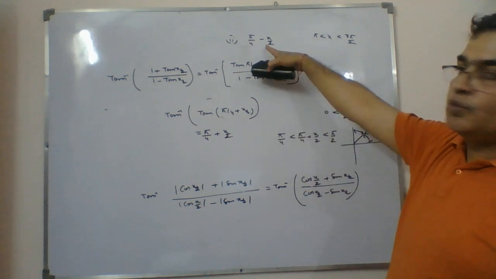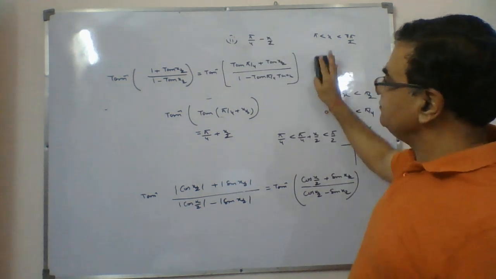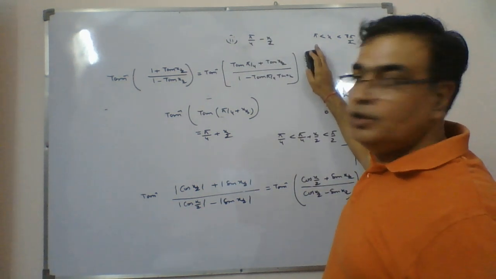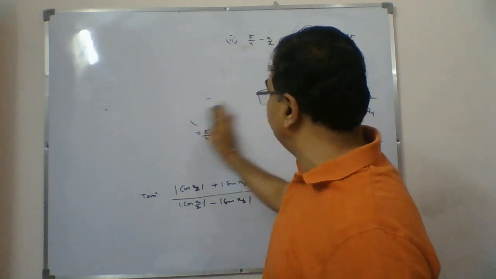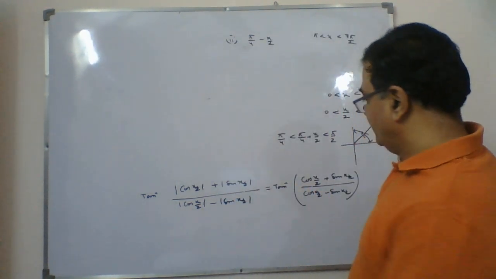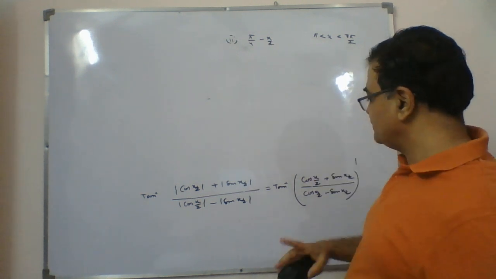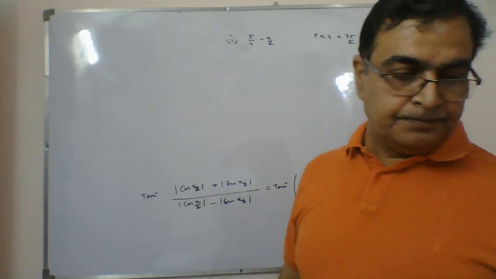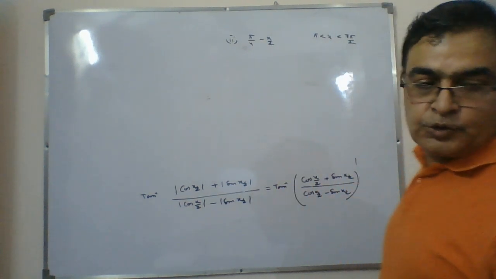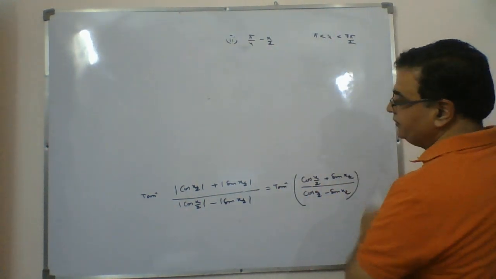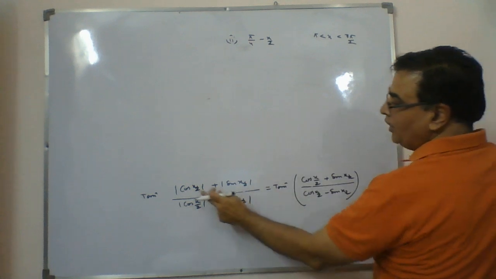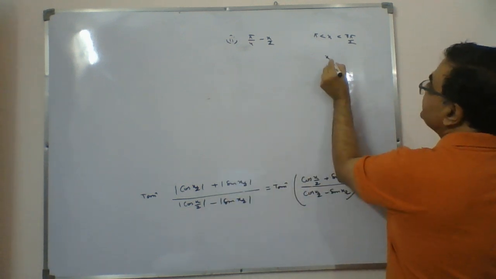Now we are coming to question number 2. In question number 2 also, when you just go through this part, till here it will be okay. And now these quadrants are going to change. How is it? Just check here. When you have cos x by 2, we check where x by 2 will go.